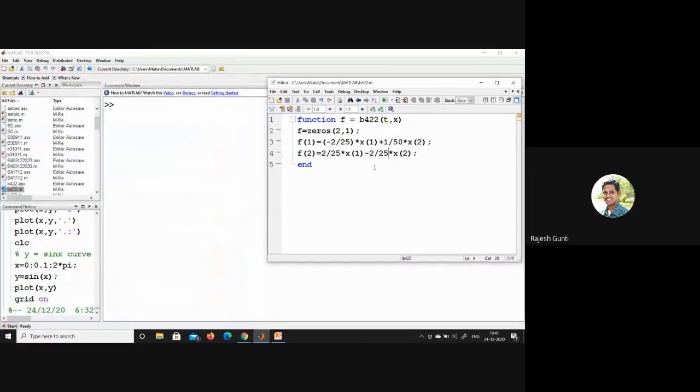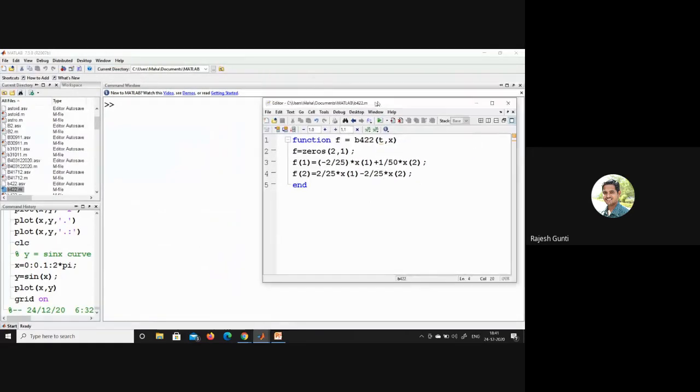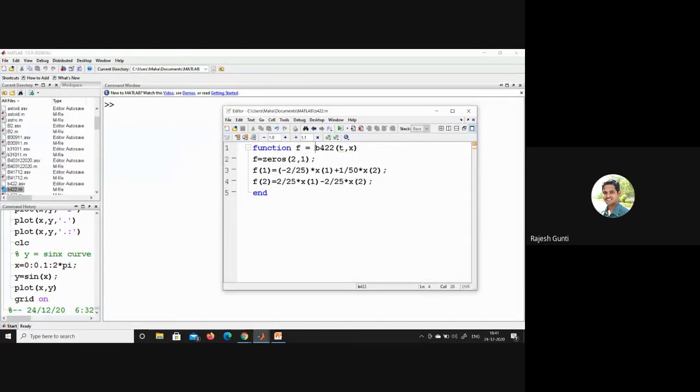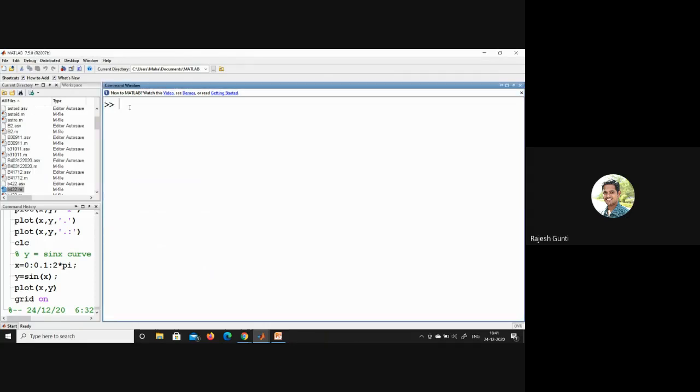Now we entered the system of differential equations in an M file. The file name is B422. Now we go to the command window: ODE45, B422, t span 0 to 50, that is 50 minutes, and the initial conditions.